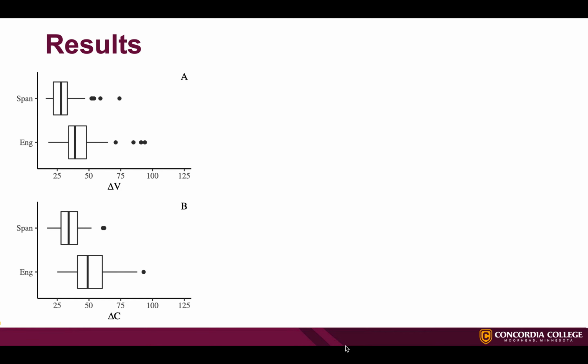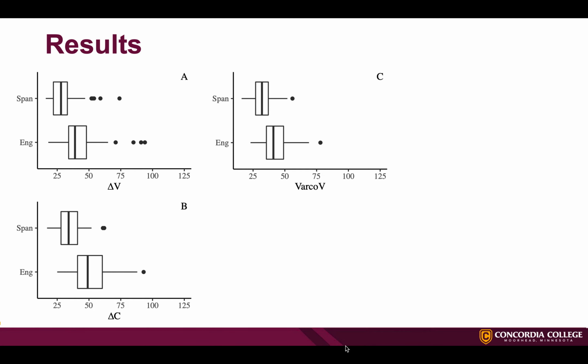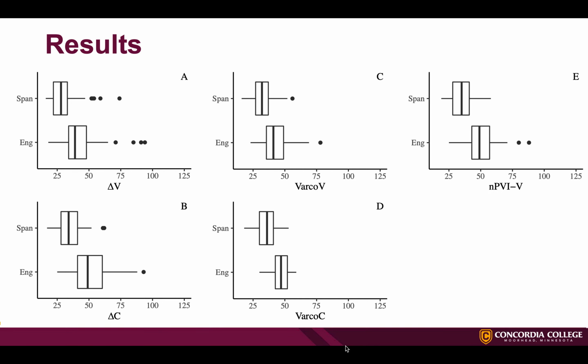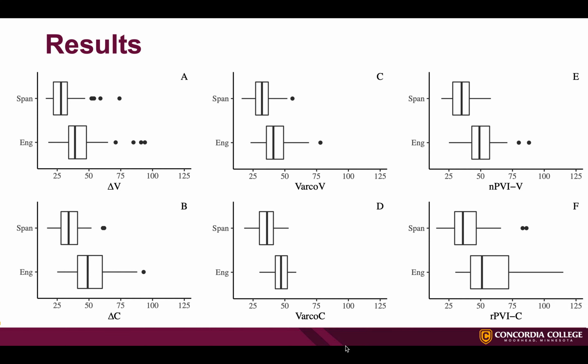We see that for delta V, that is true, for delta C as well, for Varco V and Varco C, for NPVIV and RPVIC. In all cases presented here, these differences were significant, and the effect size was large, of at least 0.49 or greater.